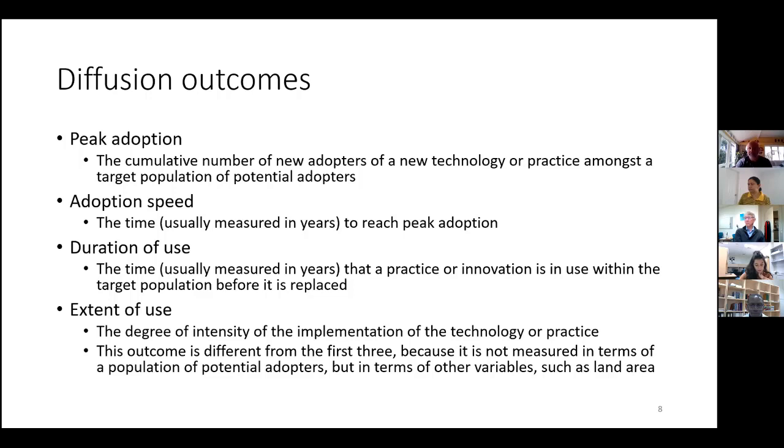And more importantly, the extent of use is a measure that is different from the other three because it is not expressed as a number of adopters, but is actually the intensity, which could be the number of hectares or the actual frequency of use. So by approaching adoption modeling in a traditional way, we might be missing out on this.